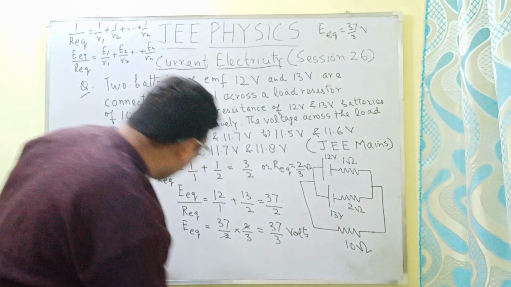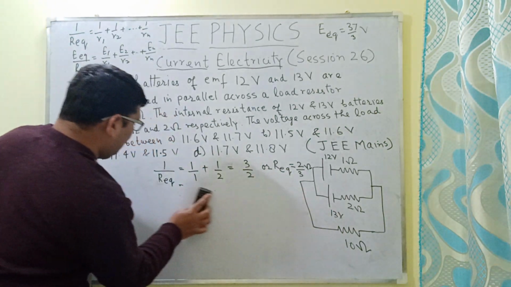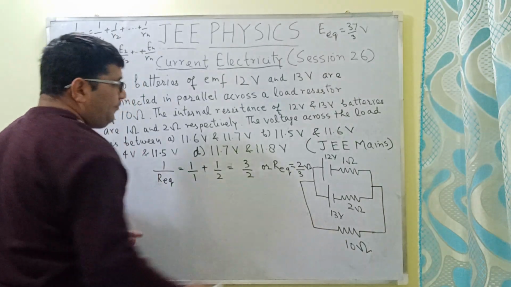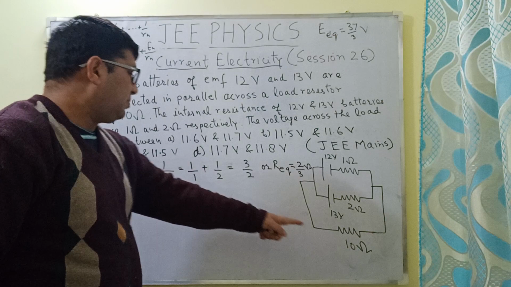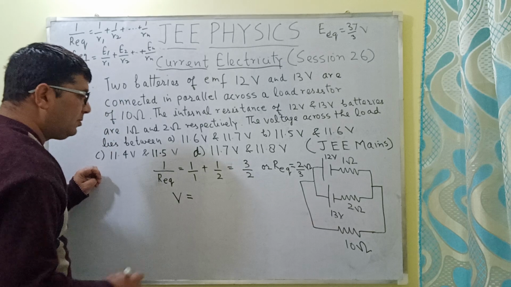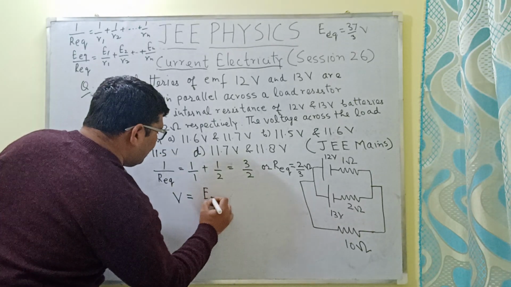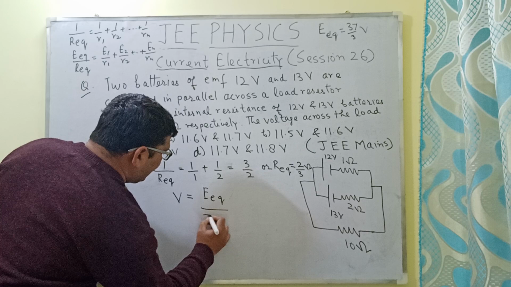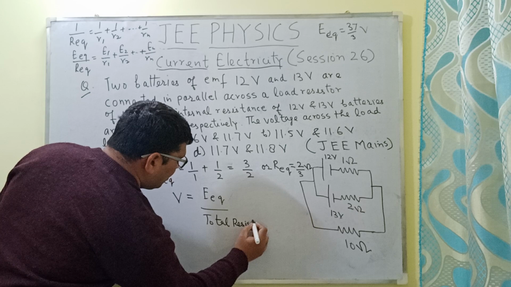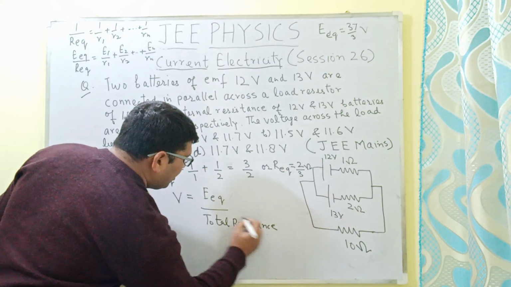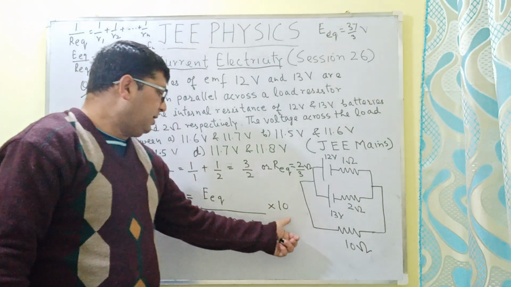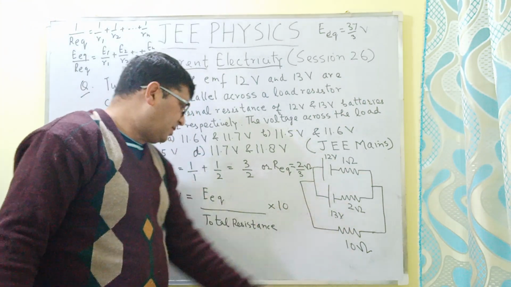And now we have to find the voltage across this 10 ohm resistor. So the voltage across this 10 ohm resistor will be equal to E equivalent divided by the total resistance into 10, where 10 is the resistance of this resistor.